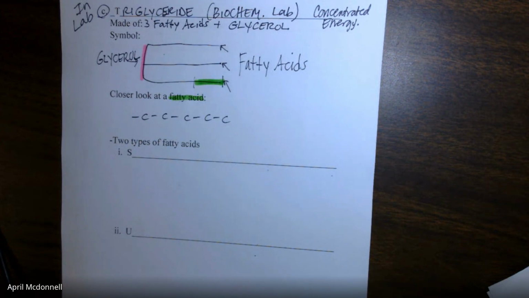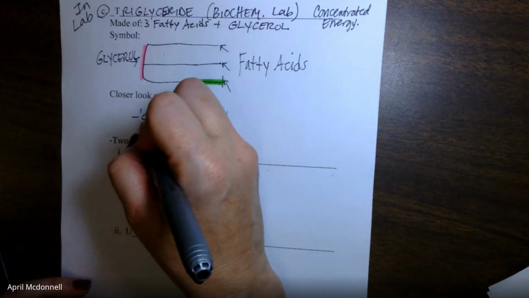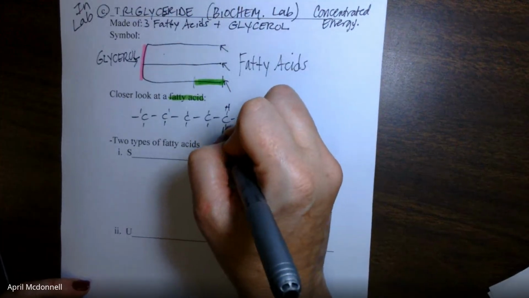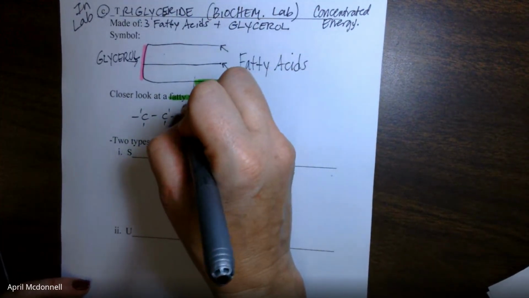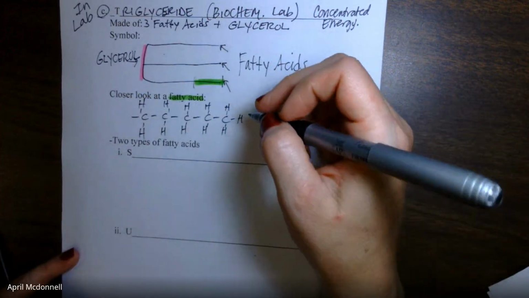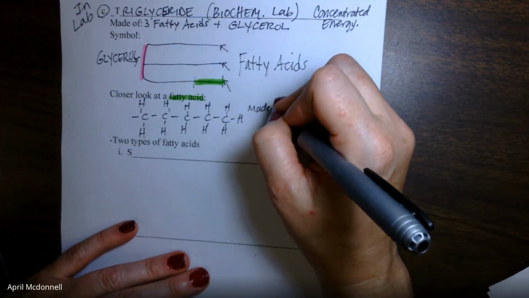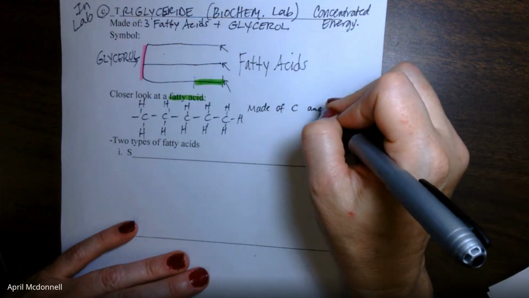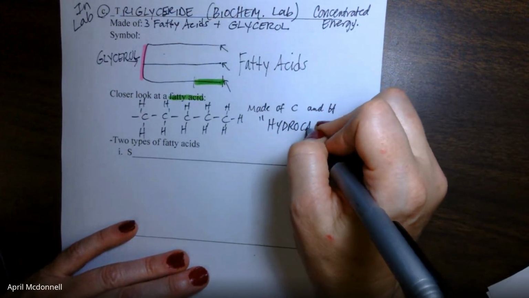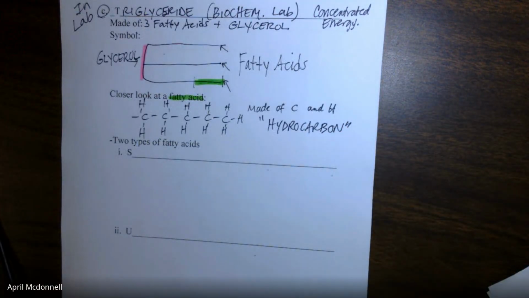A long carbon chain where basically all of the carbons in the chain are surrounded by hydrogens. So the fatty acids are primarily composed of carbon and hydrogen, and often get the term hydrocarbon applied to them because they are simply made of hydrogen and carbon.